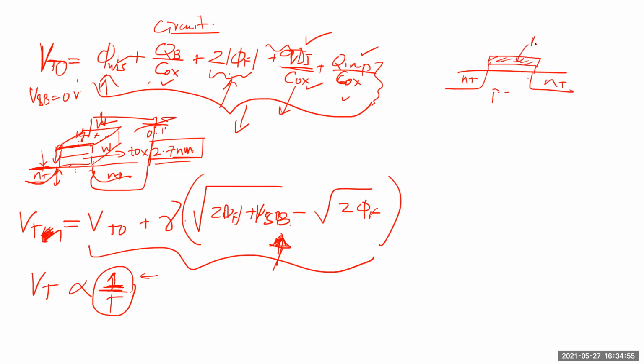This is an N-doped poly. In a PMOS, this is a P plus poly. Why is that? And can I change it? If I change it, what happens?